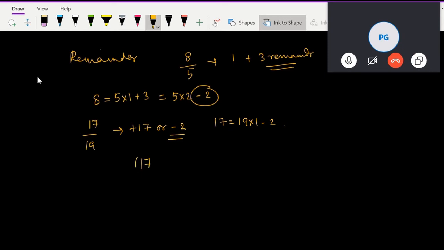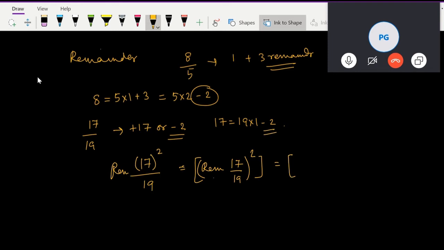So when I say what would be the remainder of 17 square by 19, the remainder of this is equal to the remainder of 17 by 19 whole square. And if I take the negative value here, so remainder of 17 by 19 is minus 2 whole square, which is plus 4. So you work this out.